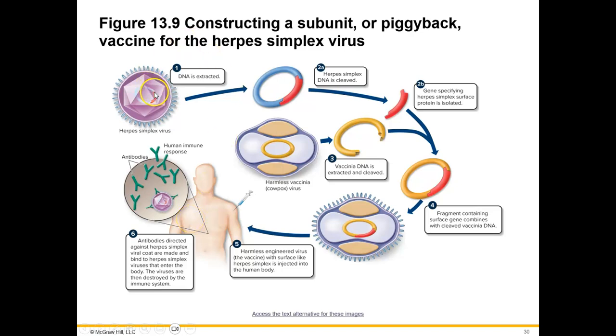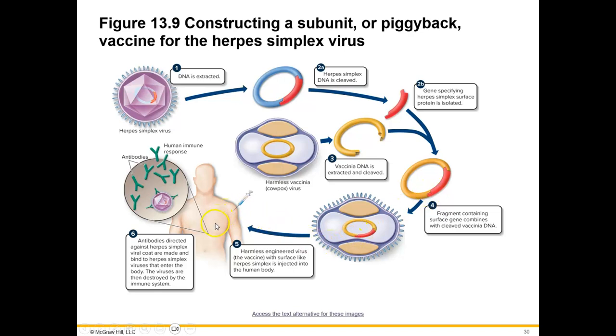But if we just take part of the DNA, enough to recognize the herpes simplex virus, and insert it into the harmless DNA of the cowpox virus, then suddenly we have introduced this recombinant DNA. So our harmless cowpox virus is carrying the genetic information to recognize the herpes virus.